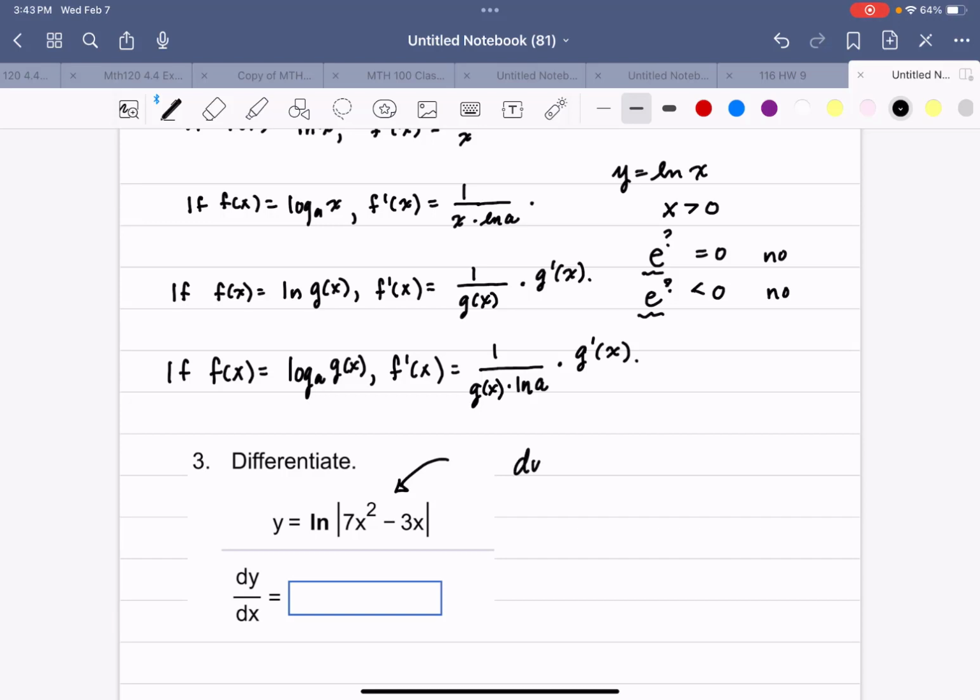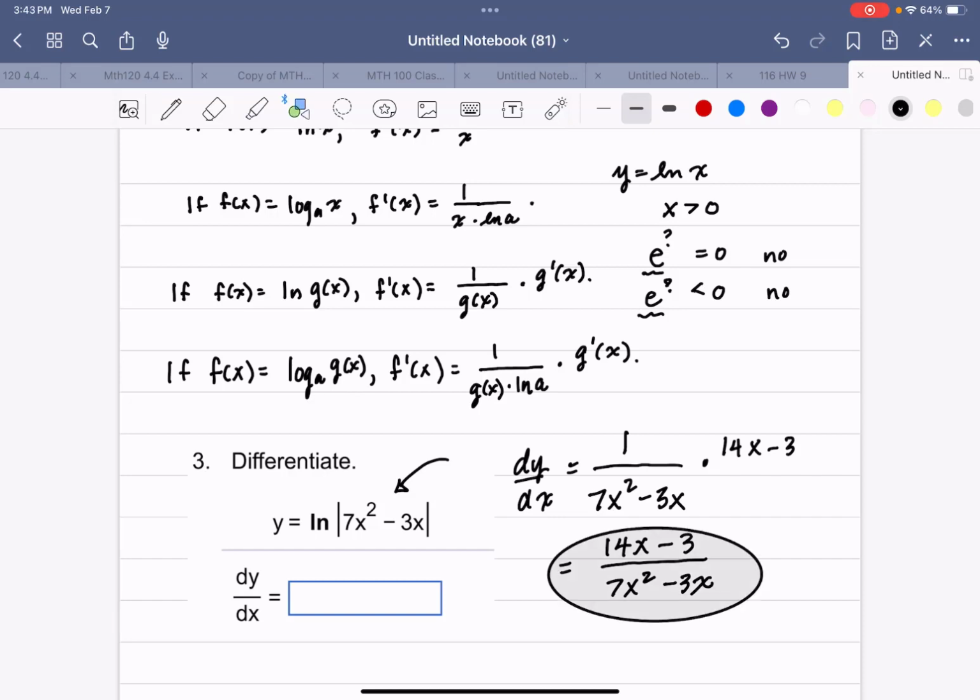So dy dx is 1 over 7x squared minus 3x times 14x minus 3. So it's 14x minus 3, all of that over 7x squared minus 3x. And that is our final answer.